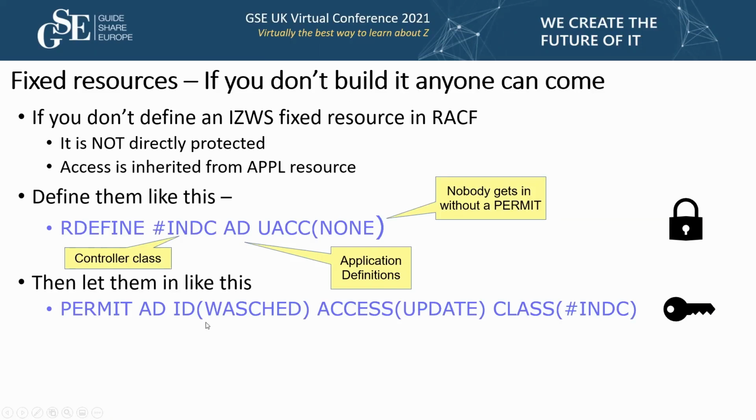So this means this person, but it isn't a person here. This is what I was about to say earlier. I wouldn't recommend giving a user access to anything in IZWS. Use a group, and we'll talk about groups later. But here, this is the scheduling team. So we say the scheduling team has update access to the application database. And at this stage, this means they could update anything in the application database because we've not gone any further in the lockdown.